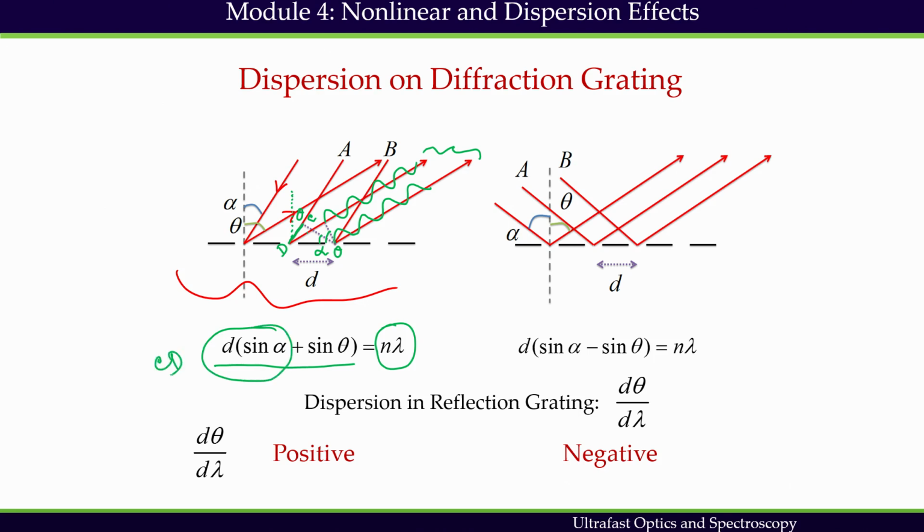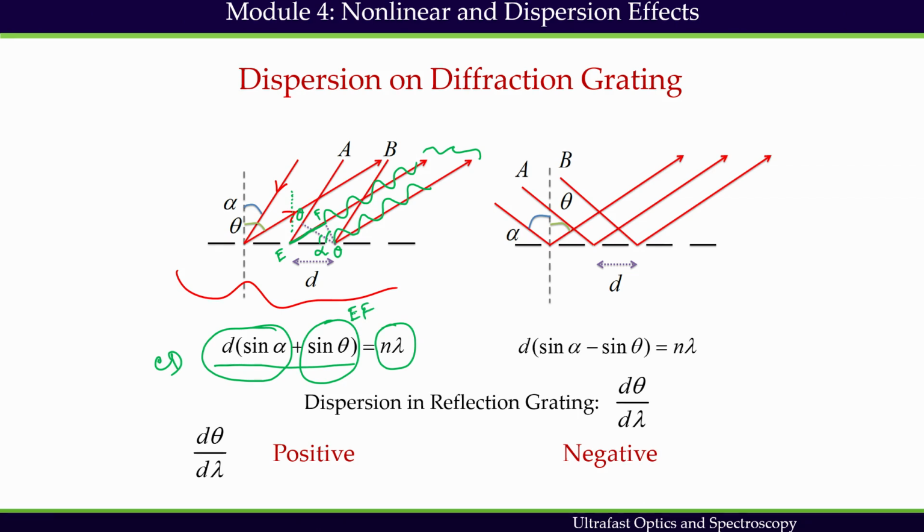This is CD distance, and this EF distance is nothing but d sine theta.